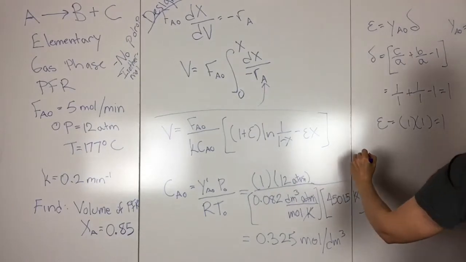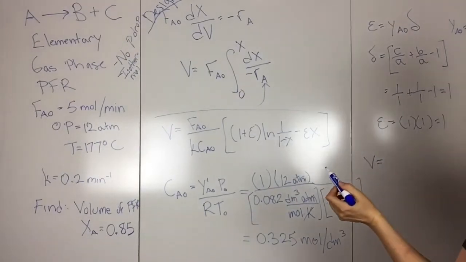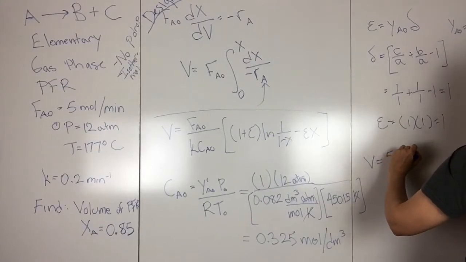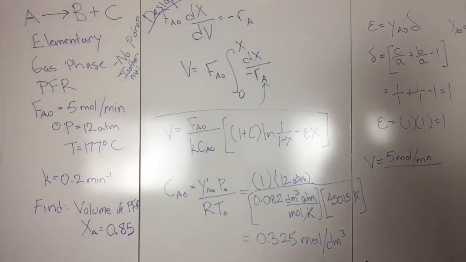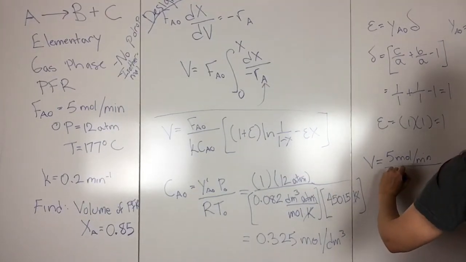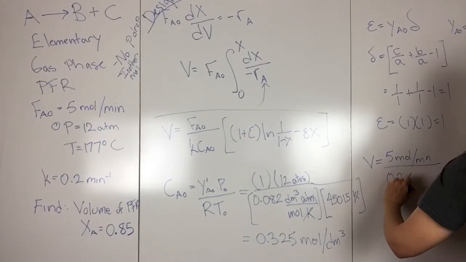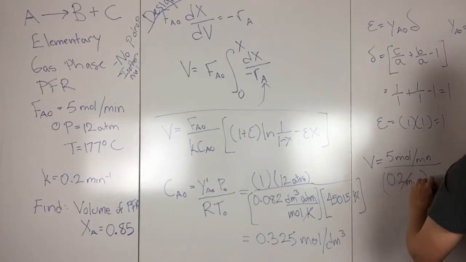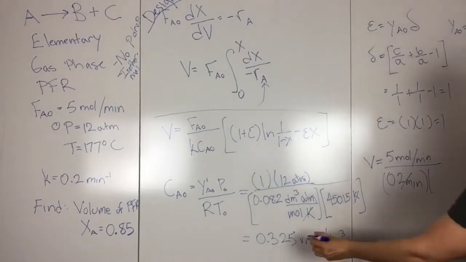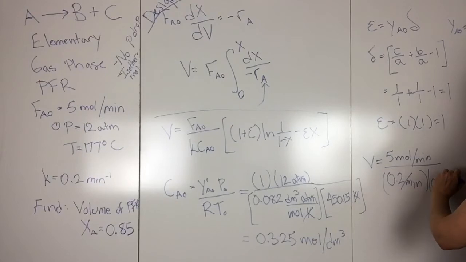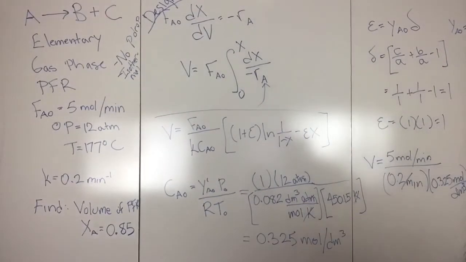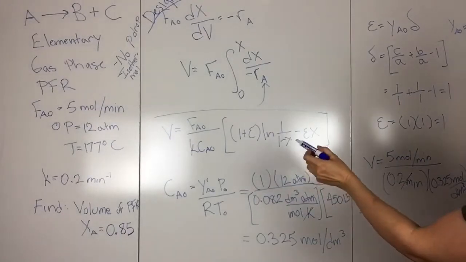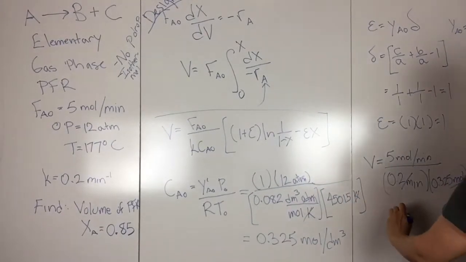So then you should have everything you need. Plugging everything in, V is equal to FA naught, which is 5 moles per minute, over K, which is 0.2 per minute, times Ca naught, which is 0.325 moles per dm cubed. I don't think you're going to be able to see the rest of this when I write it, so I'll just write it down here.